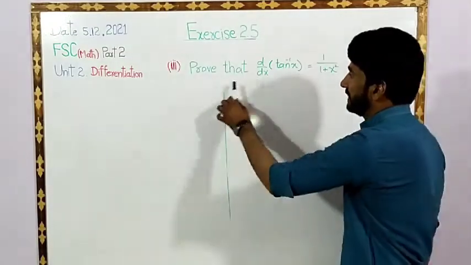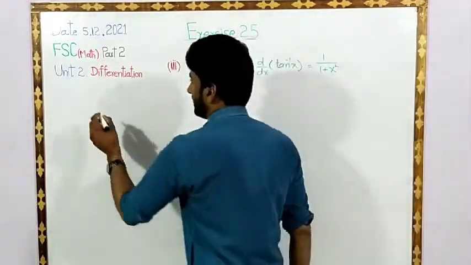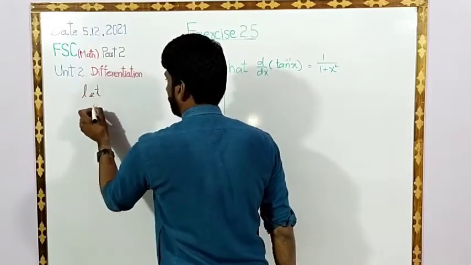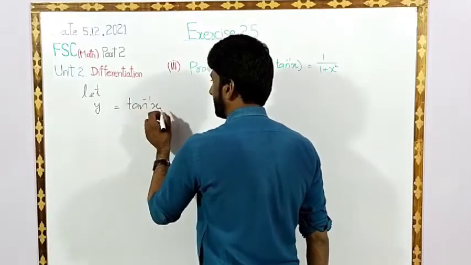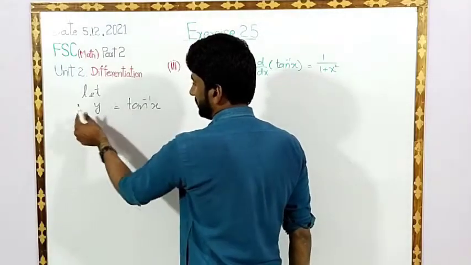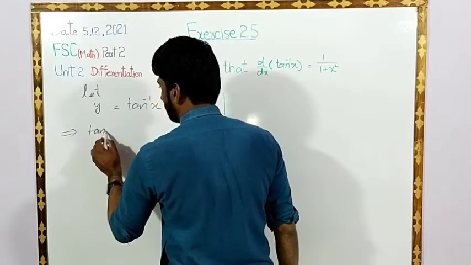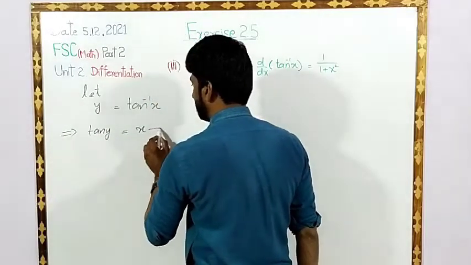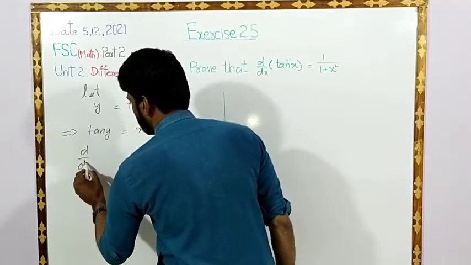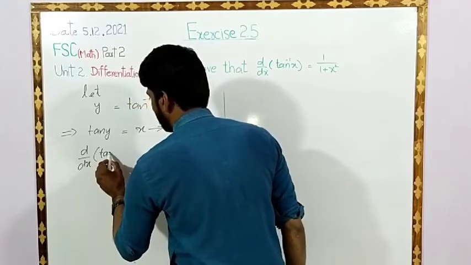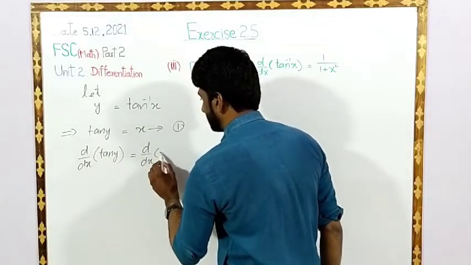Note it. The third proof is to prove that d over dx of tan inverse x is equal to 1 over 1 plus x square. So let y is equal to tan inverse x, and we take tan to the left side. This can be written as tan y is equal to x, and this is equation 1. Now we apply the derivative with respect to x on both sides: d over dx tan y, and similarly the derivative on x.